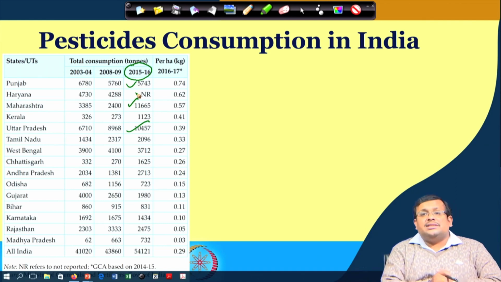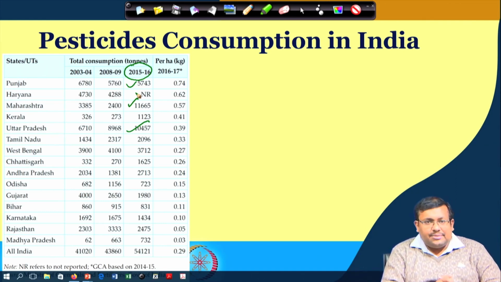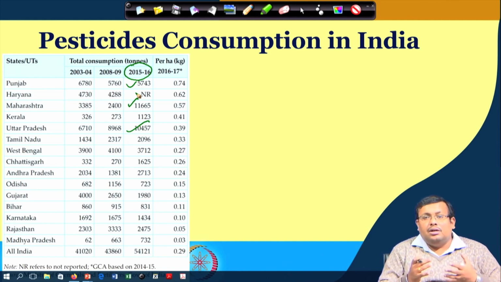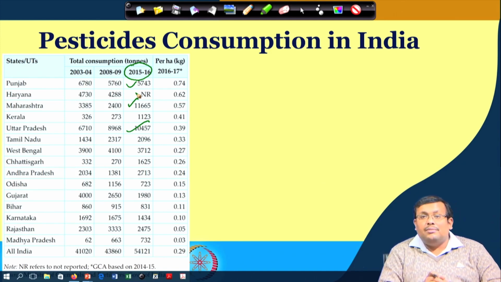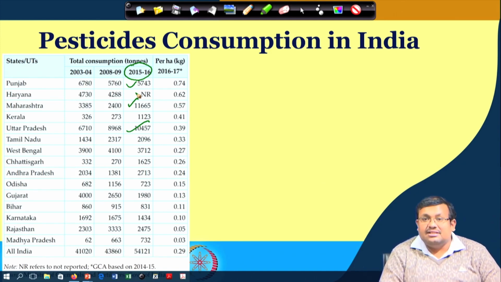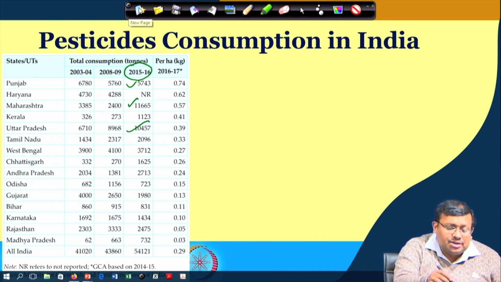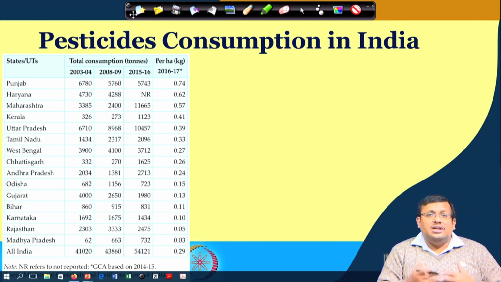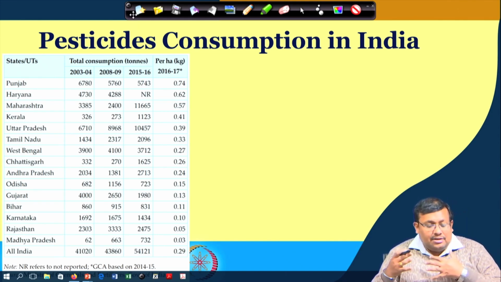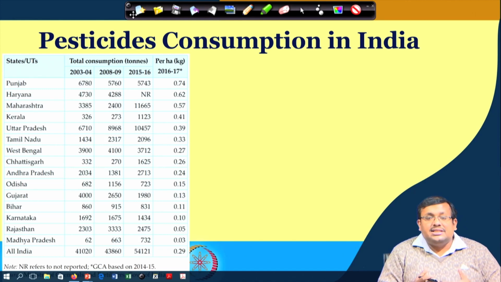One of the reasons for high consumption in Maharashtra is cotton cultivation, and cotton requires a huge amount of pesticide application. That is probably one of the major reasons for high pesticide consumption in Maharashtra, followed by Uttar Pradesh and Punjab.